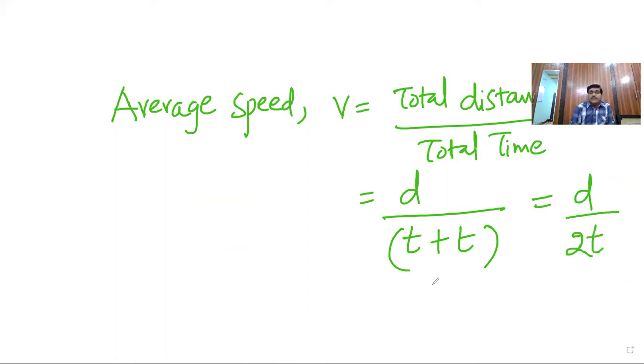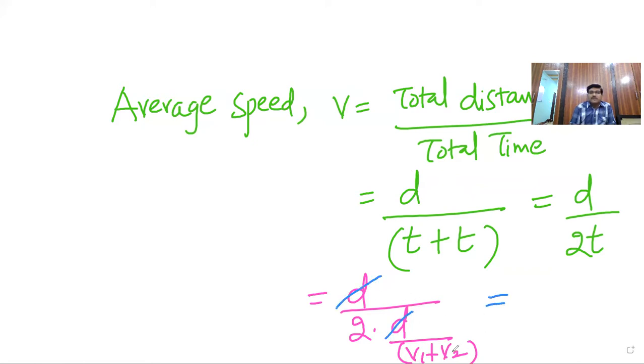Now, what is T? We already got T is D by V1 plus V2. On simplification, D goes out.